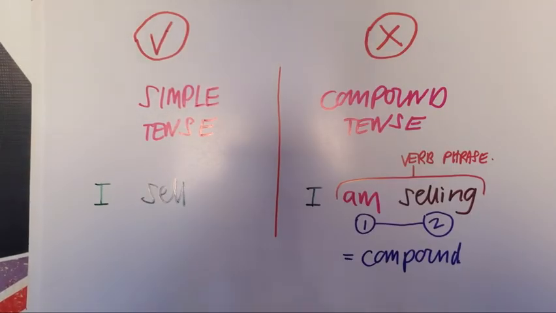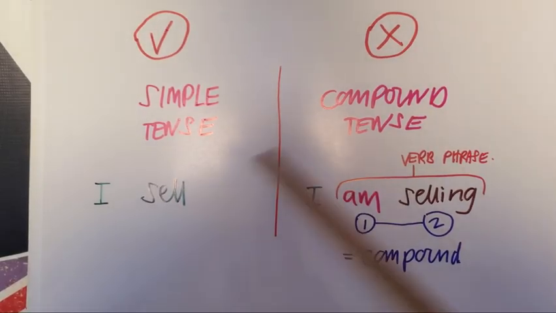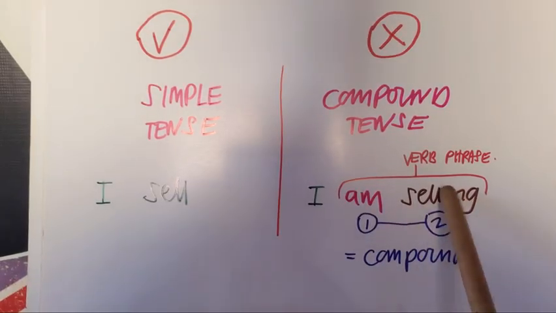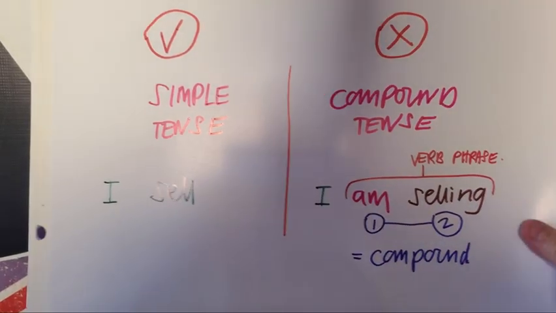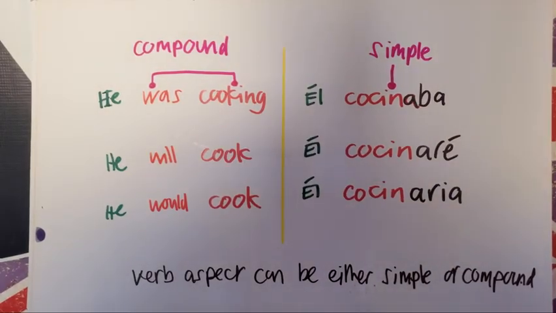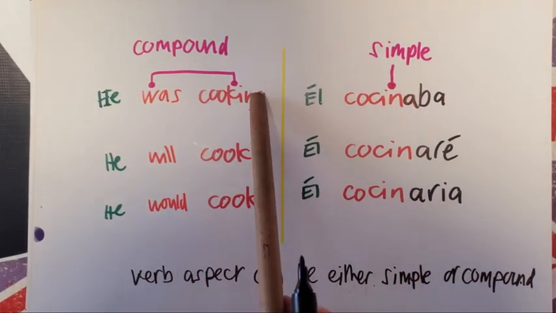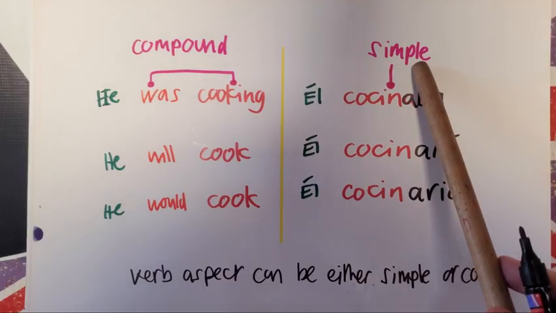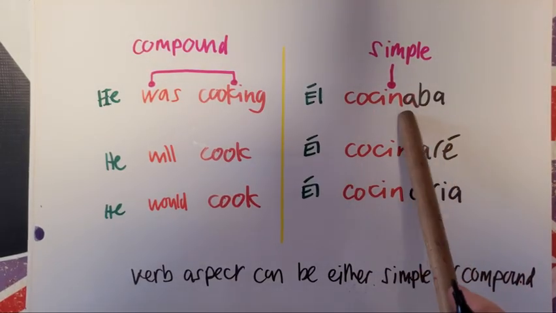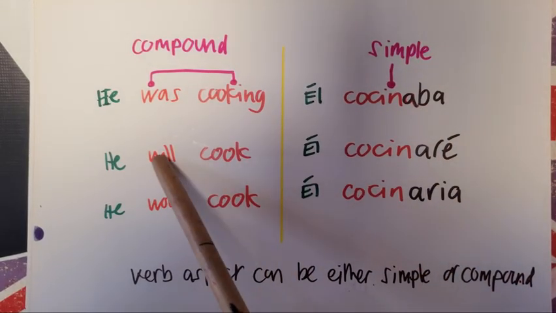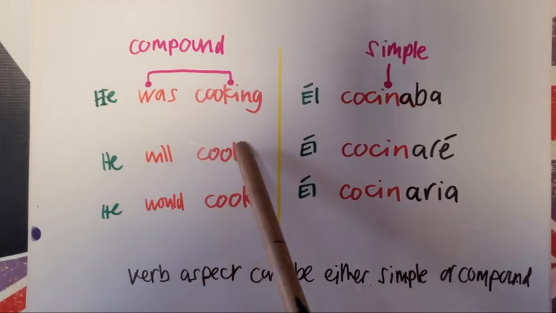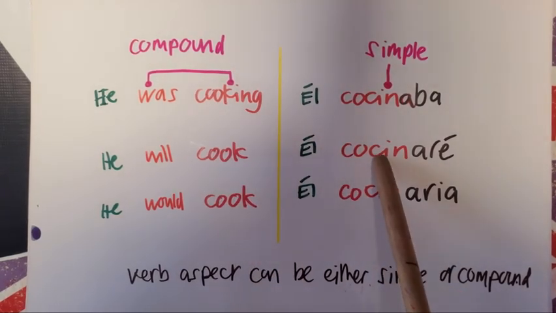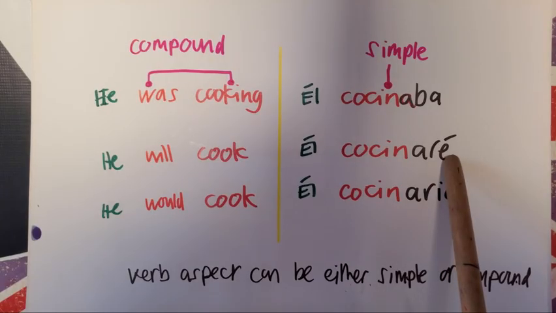Compound tenses, okay, a simple tense will be I sell. A compound tense is I am selling. It's got 2 parts. It's compounded. Remember, as I was saying, he was cooking in English is a compound, but it's a simple in Spanish. El cocinaba. In English, I will cook, he will cook, the future mode. In Spanish, it's one word, cocinaré.